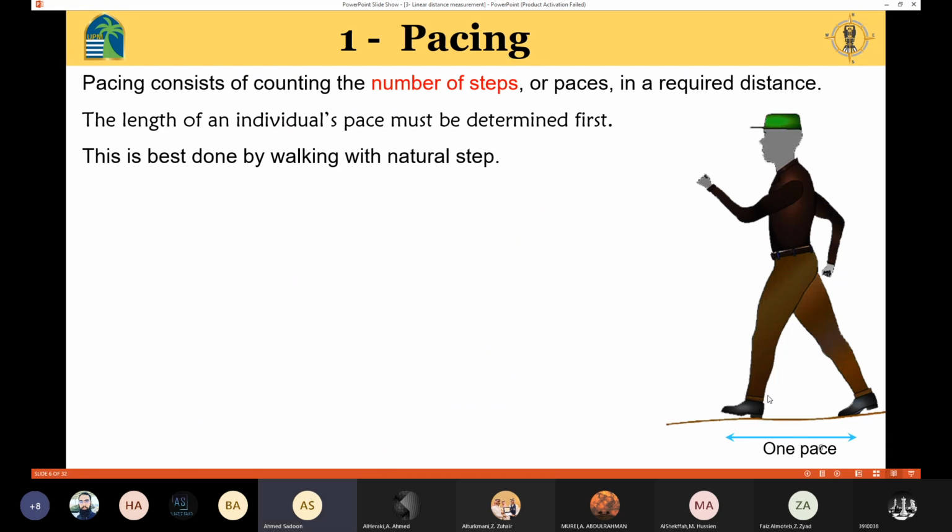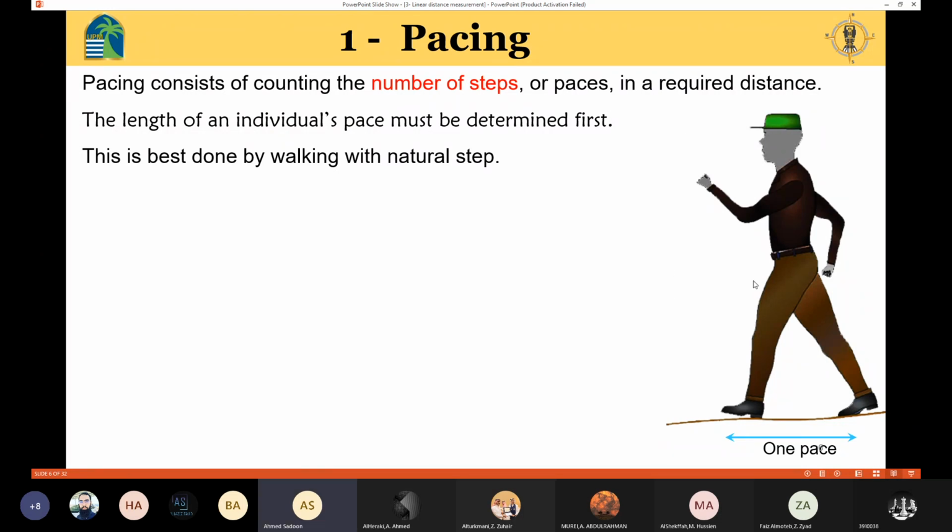So you have a required distance, you go over that distance and count your steps. But in order to use this method, the length of an individual pace must be determined first.